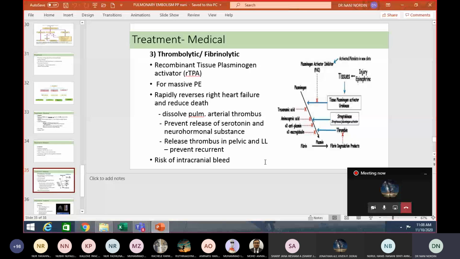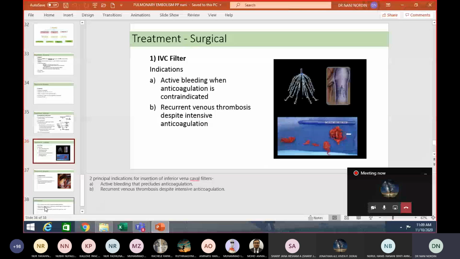It also lyses the thrombus in other places besides the lung, in your pelvis, in the left lower limb, other places. So it also prevents recurrence of PE. But again, there is a risk of hemorrhage, especially intracranial hemorrhage. So you really need to monitor the patient closely.